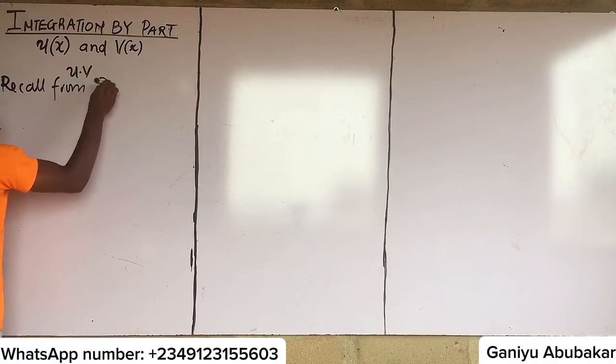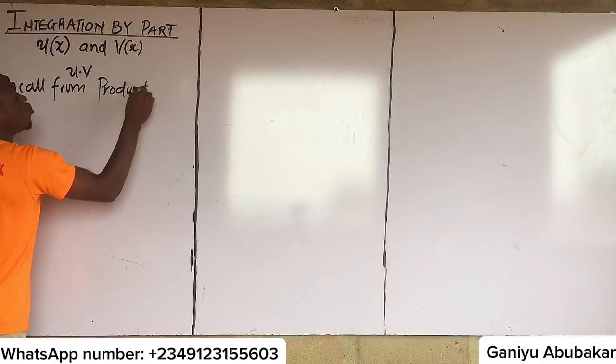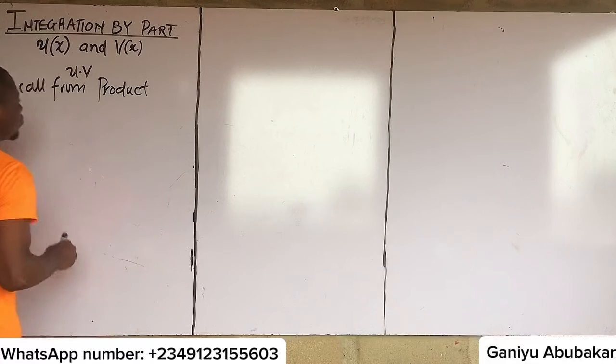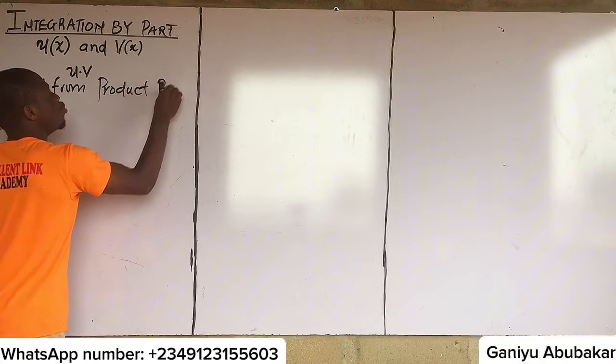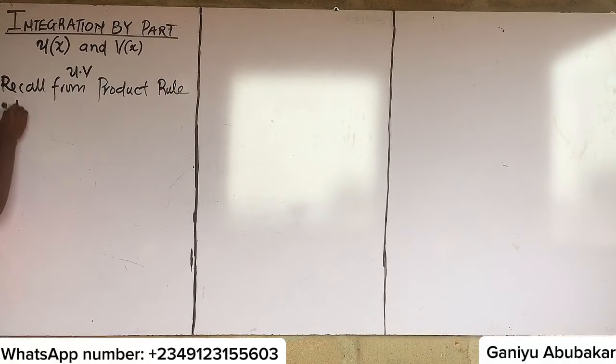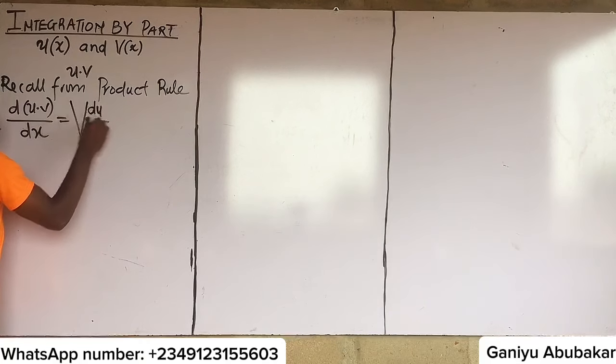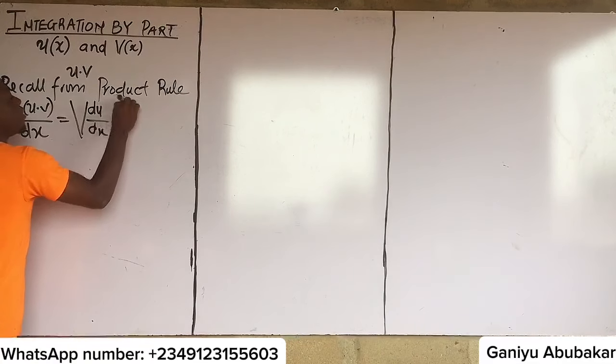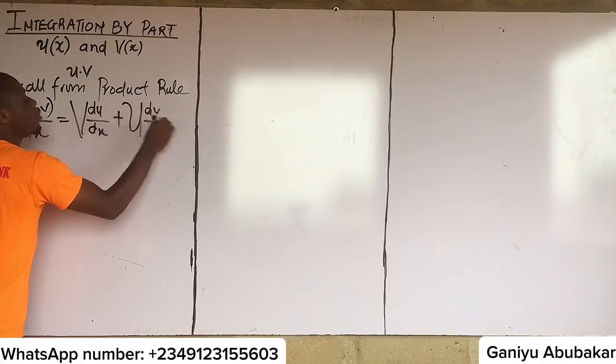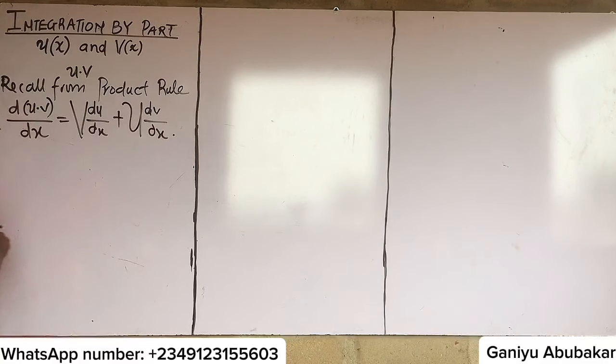product rule that d of u dot v over dx is equal to v du over dx plus u dv over dx, right?